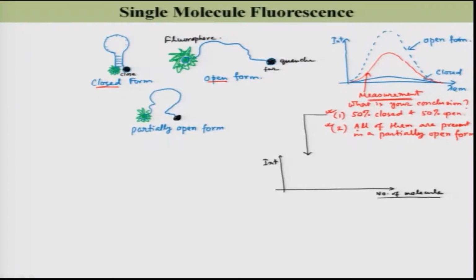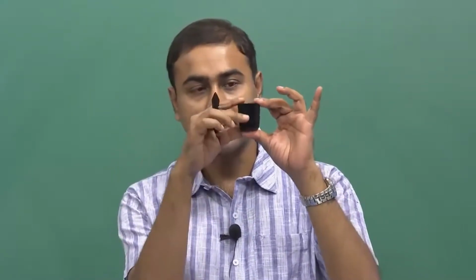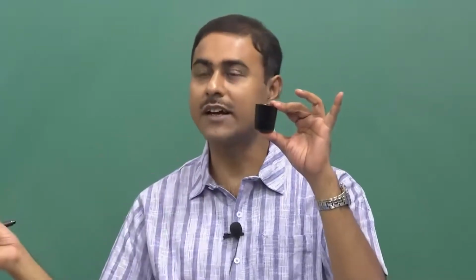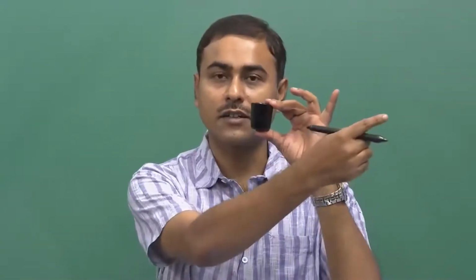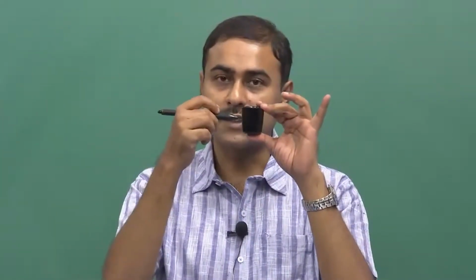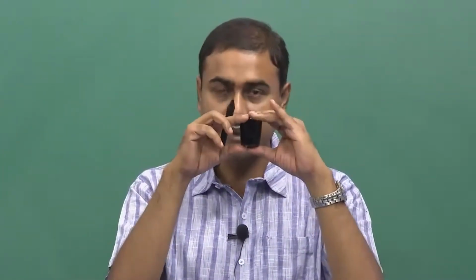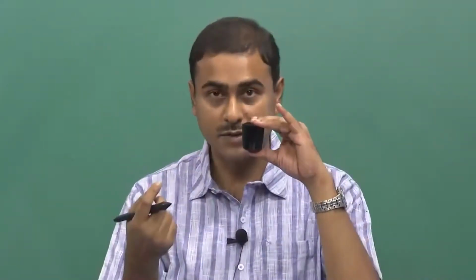or I can change this number of molecule to something else. Let us say this is your sample cell, and you are measuring from here, and you let the molecules come one by one here and go out of this. Once a molecule enters this region you can see fluorescence because you are measuring from here, and when the molecule leaves you will not be able to see the fluorescence.